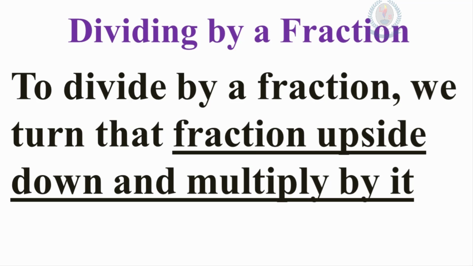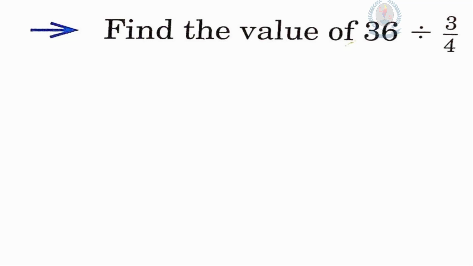Now, to understand this, let's look into an example. Find the value of 36 divided by 3 over 4. To understand this, you have to remember the rule of dividing by a fraction. The rule says, to divide by a fraction, we turn that fraction upside down and multiply by it.